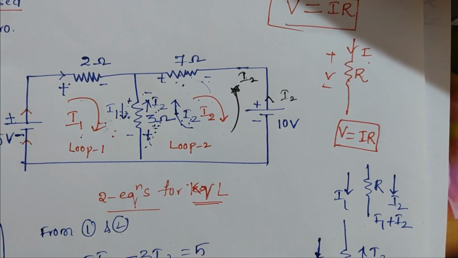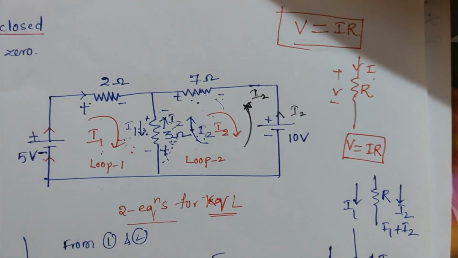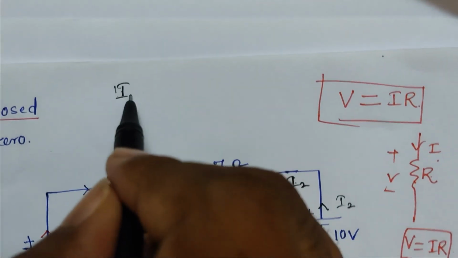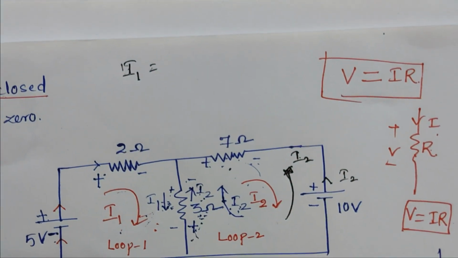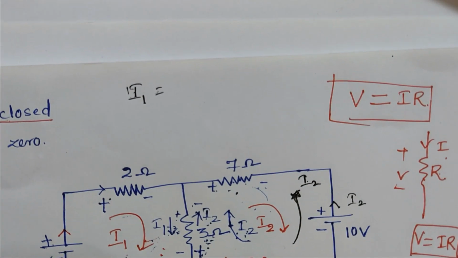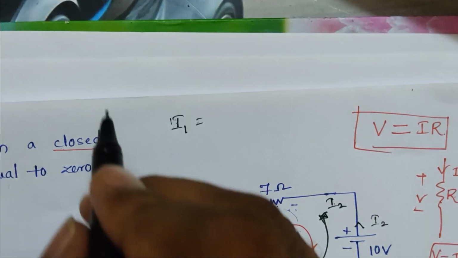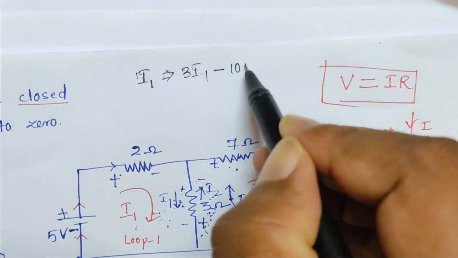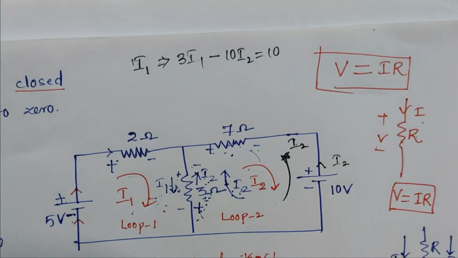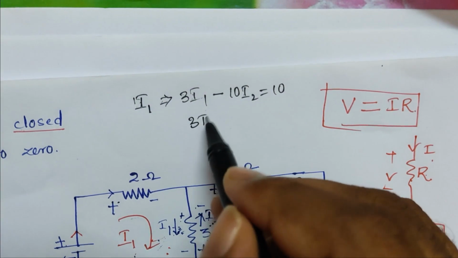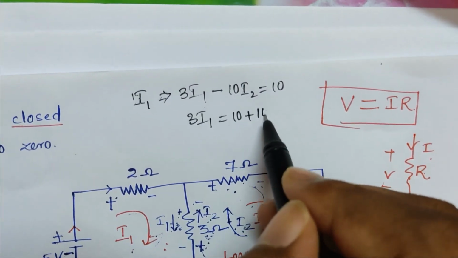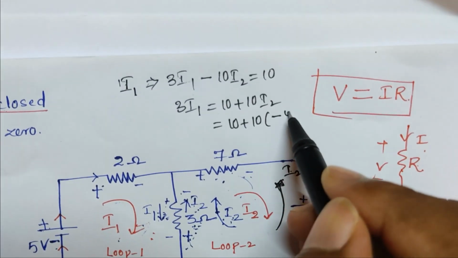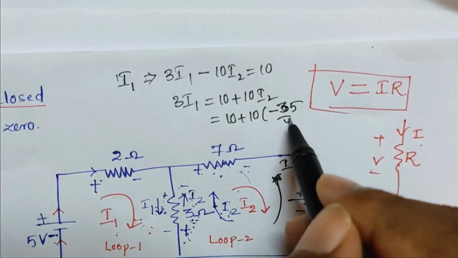Similarly, we can find I1. You can find I1 using the second expression: 3 I1 minus 10 I2 is equal to 10. Substituting the I2 value, 3 I1 equals 10 plus 10 into I2, where I2 is minus 35 by 41.